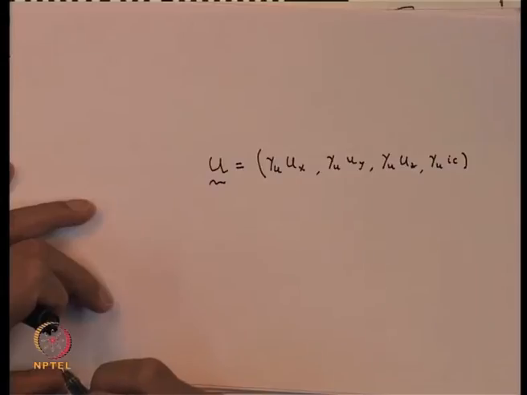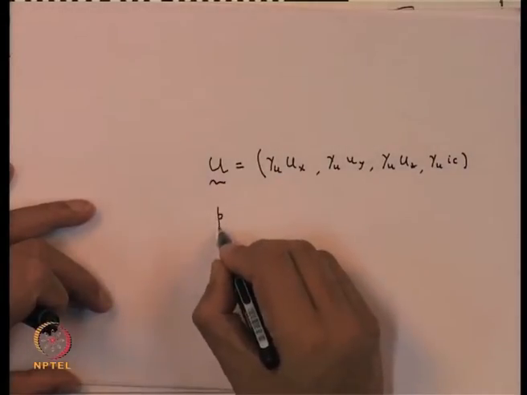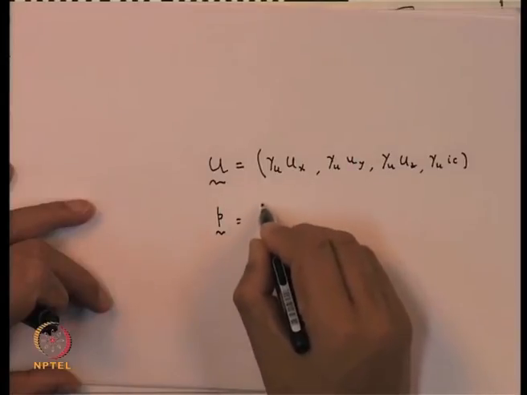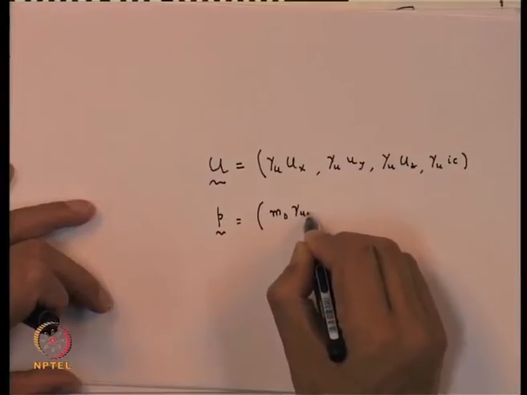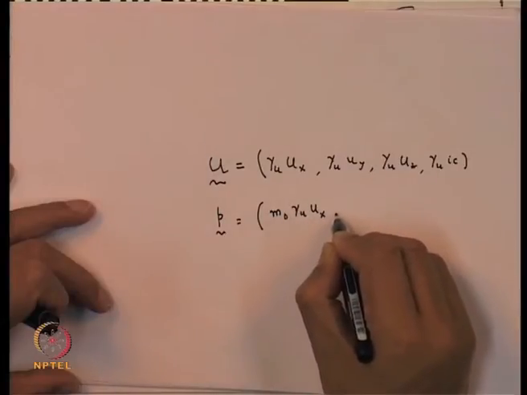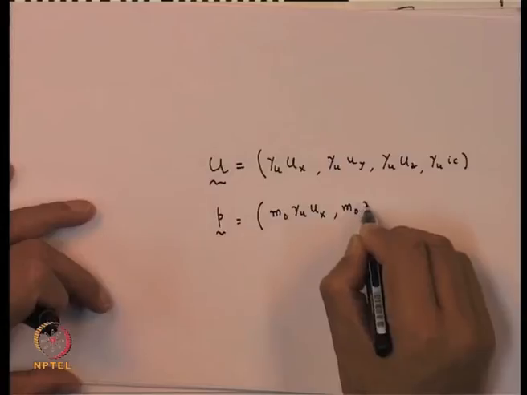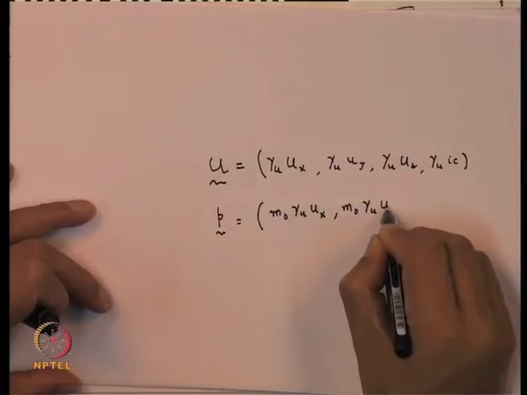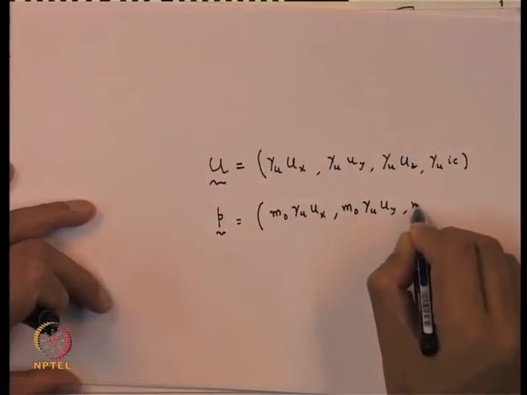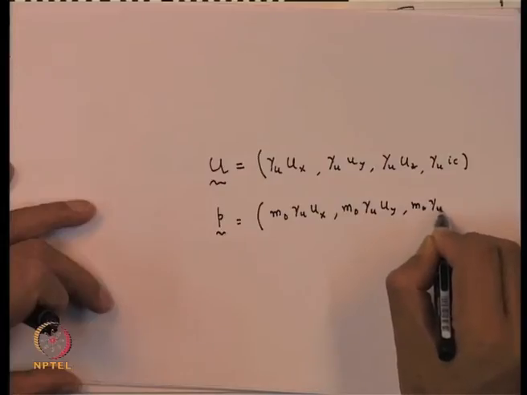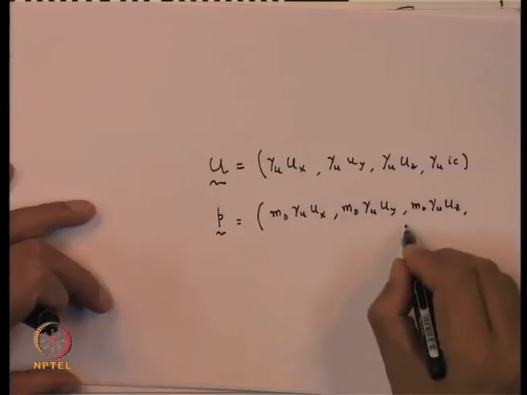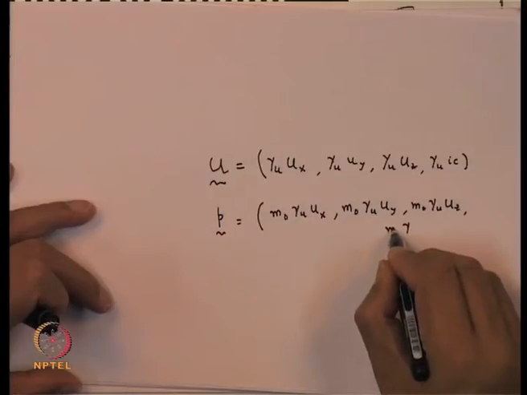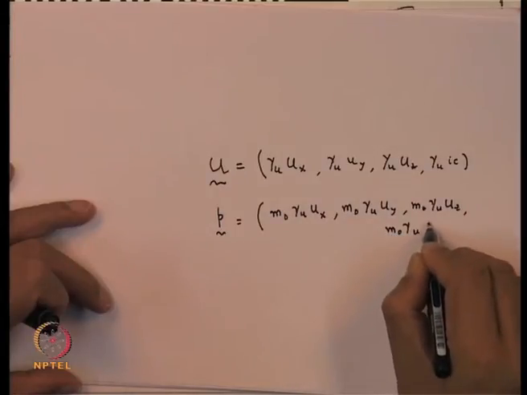I have multiplied this by m naught. So, my momentum 4 vector becomes m naught gamma u ux, m naught gamma u uy, m naught gamma u uz, and the fourth component is m naught gamma u ic.